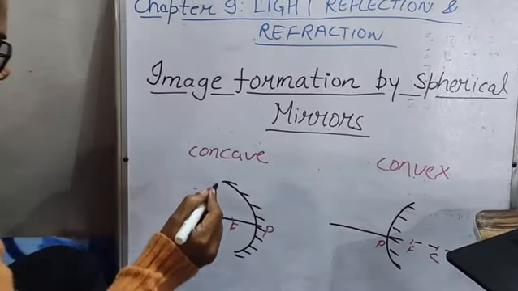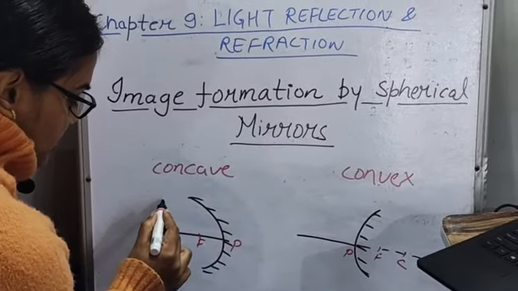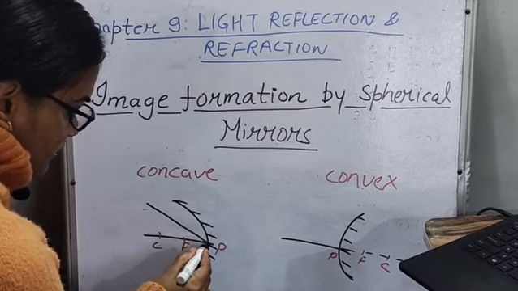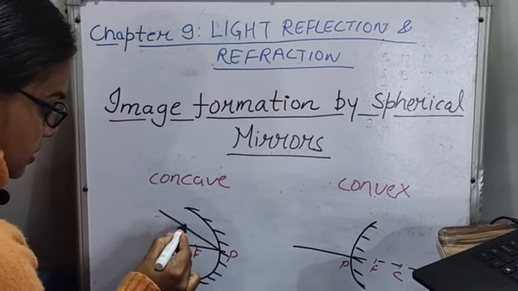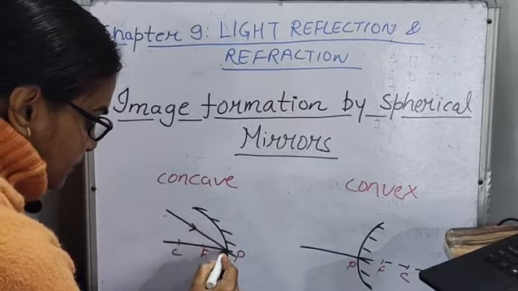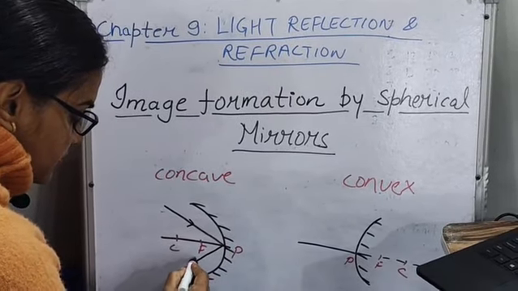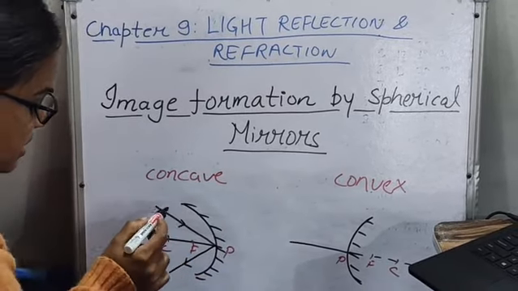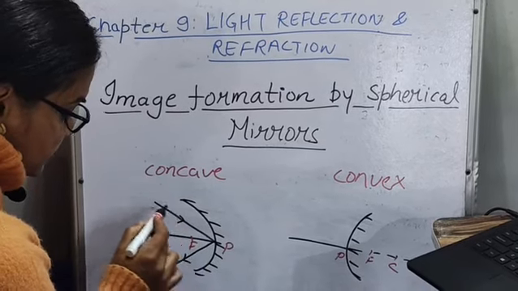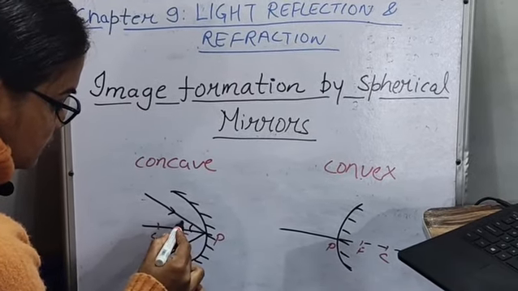A light ray which falls on the pole will be reflected with the same angle of incidence. So here i will be equal to r.